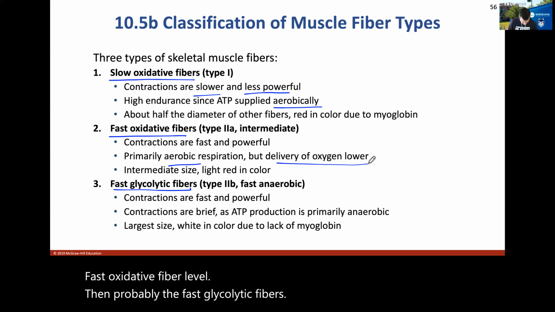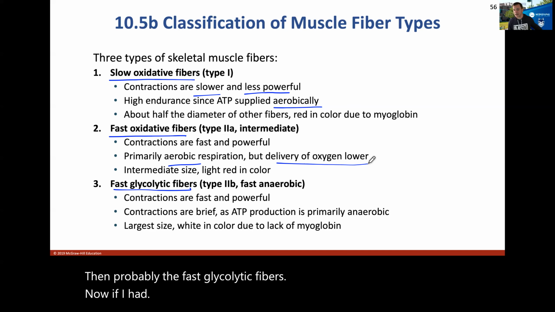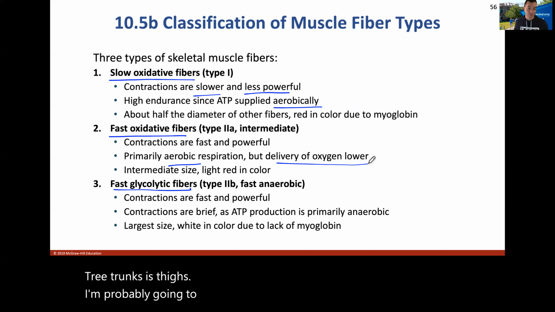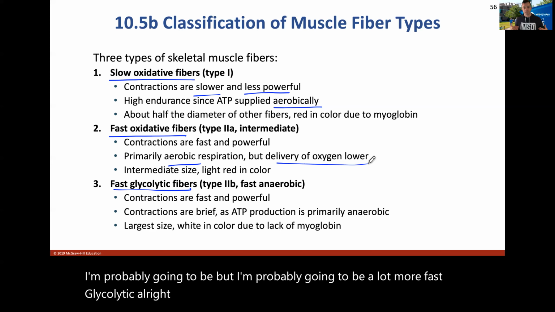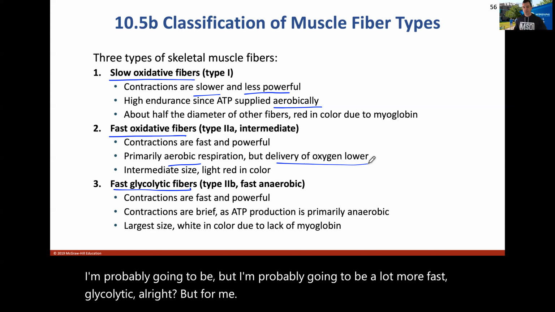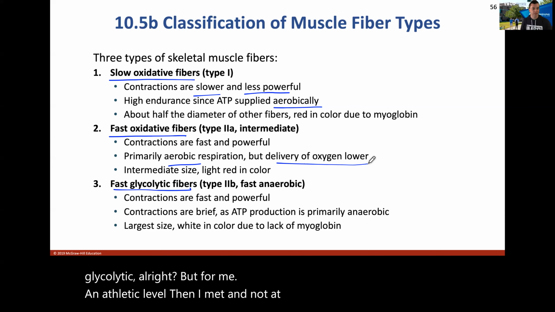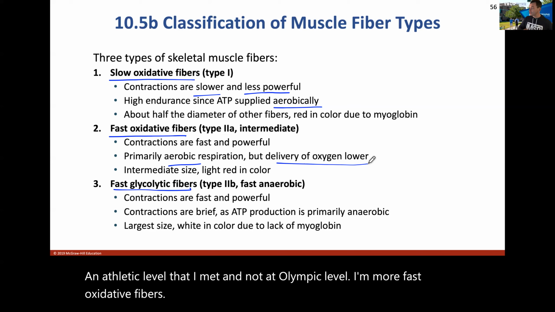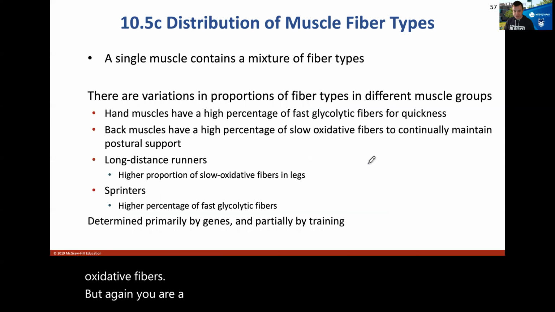Now, if I had tree trunks as thighs, I'm probably going to be a lot more fast glycolytic. But for me, at the athletic level that I'm at, and not at that Olympic level, I'm more fast oxidative fibers.